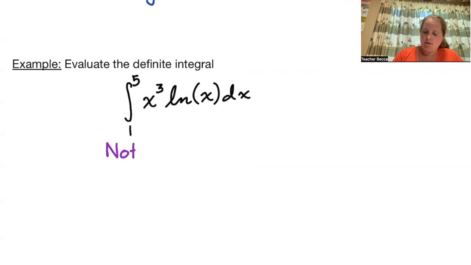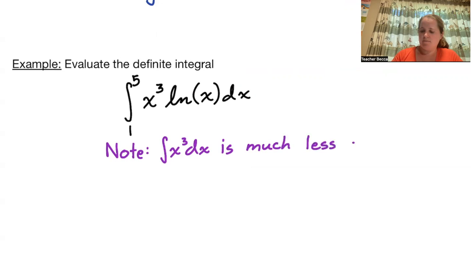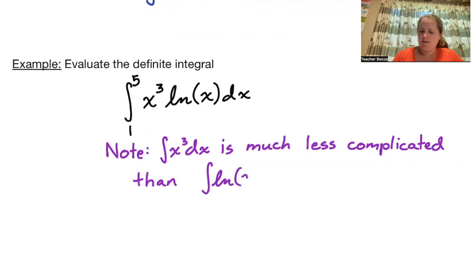Again, note the integral of x cubed dx is much less complicated than the integral of the natural log of x dx.